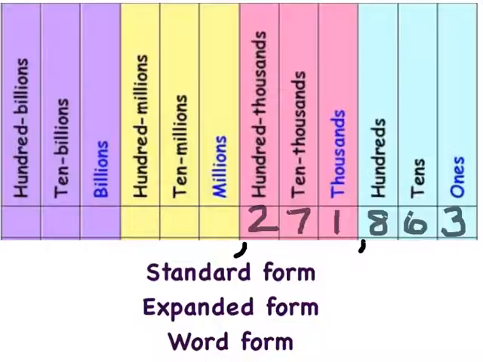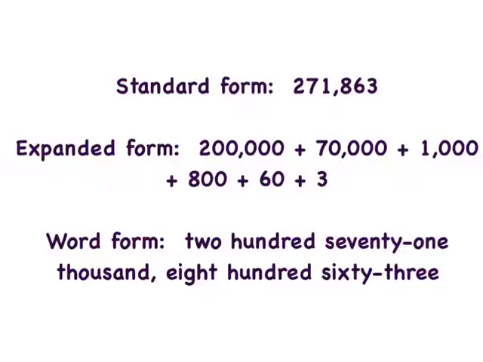So our commas would come after each of those colors, and we would say the corresponding name, such as the thousands place, or the millions place, or the billions place. So let's take a closer look at that number.